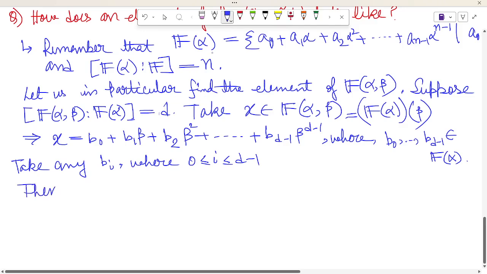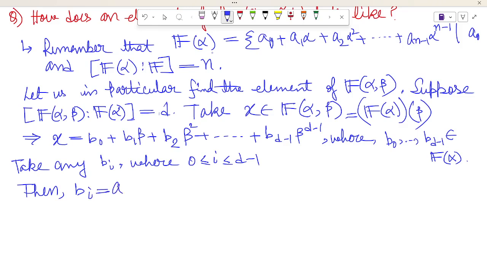Then for bi, I am writing, suppose a0,i plus a1,i alpha plus up to a n minus 1,i alpha to the power n minus 1, since the degree of extension is n.